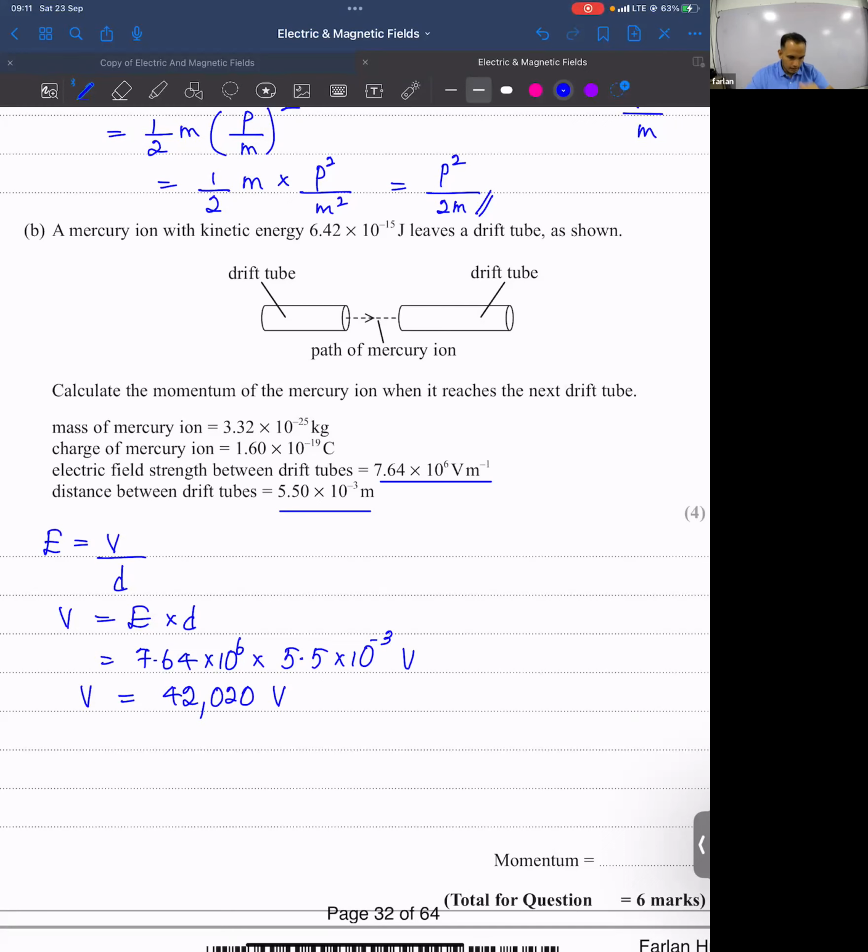So the gain in kinetic energy or the work done will be E equals VQ, which is the potential difference, 42,020, multiplied by the charge of the particle, 1.6 into 10 to the power minus 19 coulombs.